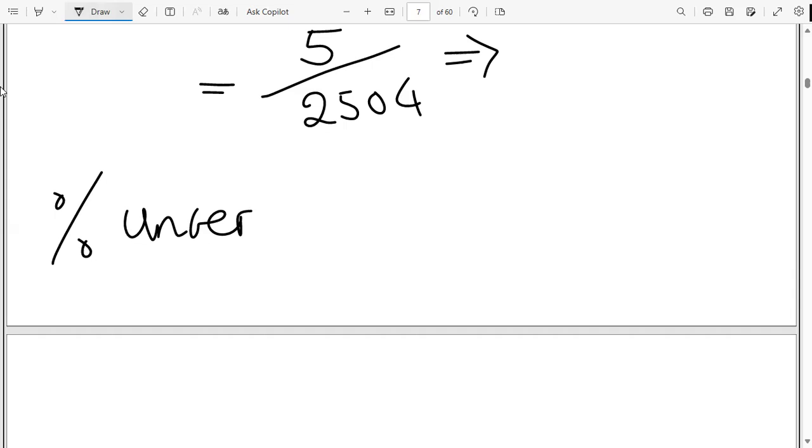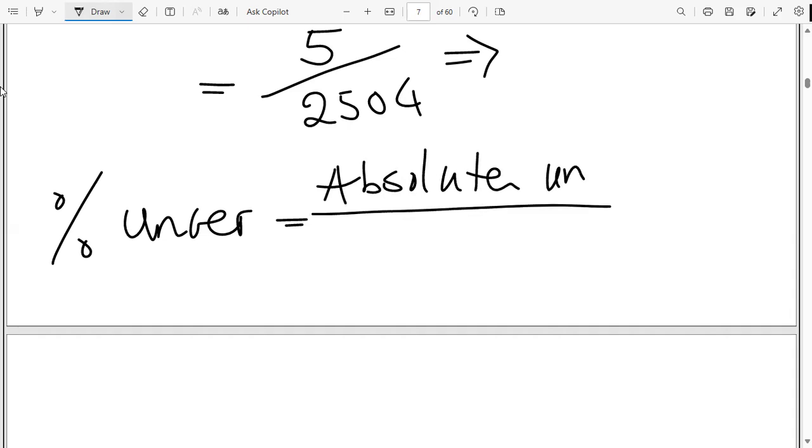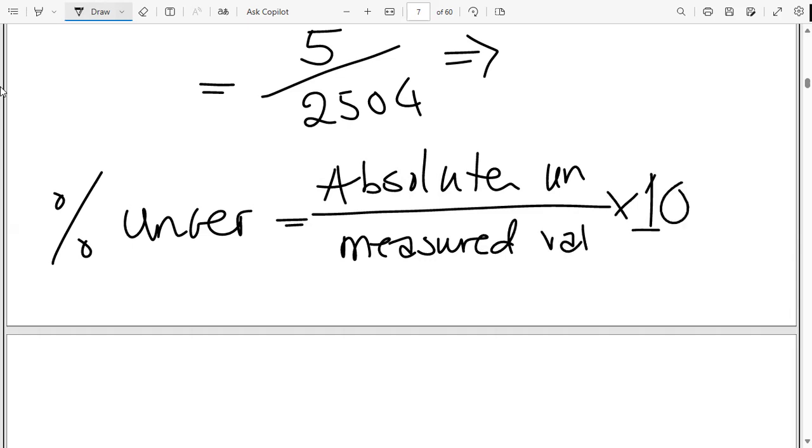So it is equal to absolute uncertainty over measured value, multiplied by 100%, and that gives you what we call percentage uncertainty.